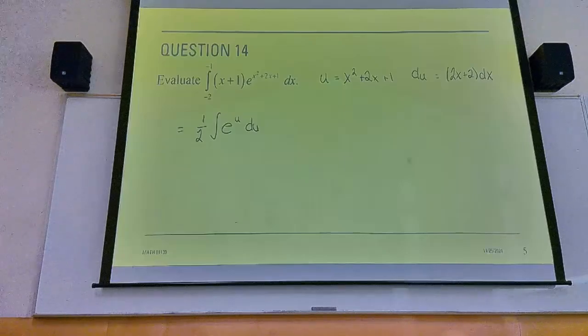When x is negative 2, what is u? When x is negative 1, what is u? You know, just flip the order here to make it look more natural.